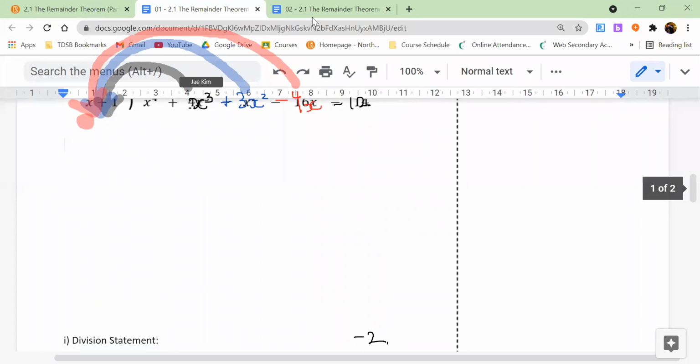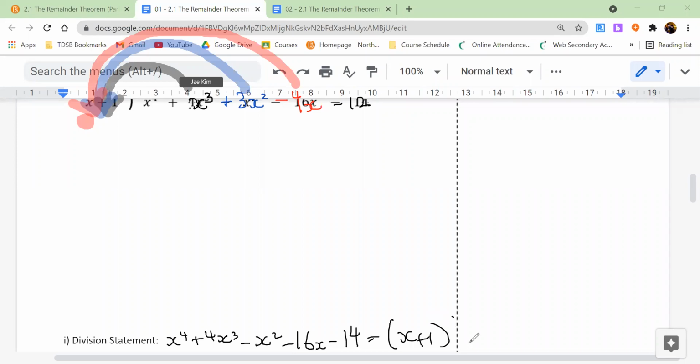So for the division statement, I would write x to the power of 4 plus 4x cubed minus x squared minus 16x minus 14 is equal to x plus 1, bracket, x cubed plus 3x squared minus 4x minus 12, bracket, minus 2.